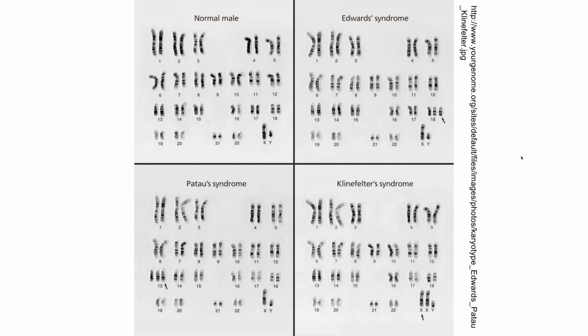The thing with these conditions is if we humans don't happen to have diploid numbers for everything, we tend to get issues. So there's a condition referred to as Edwards syndrome, which is a triploidy 18, meaning you have two of everything except for chromosome 18.